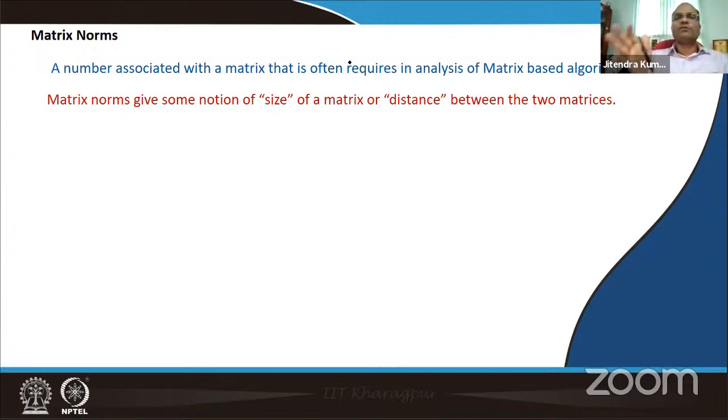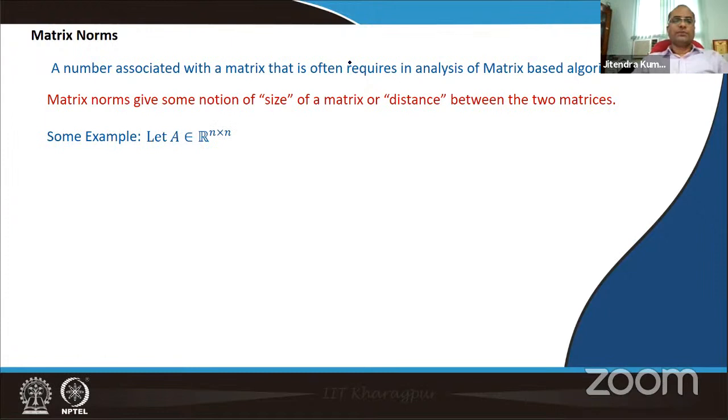It is not very easy, because you don't have just two real numbers, where you have a notion that it is a large number or a small number. When you have a matrix, you have several entries, and we need some notion by which one number can tell you some information about its size, about the difference between two matrices, and so on.